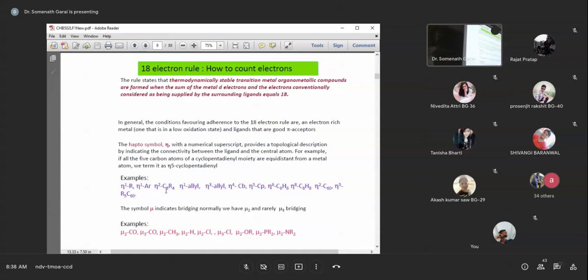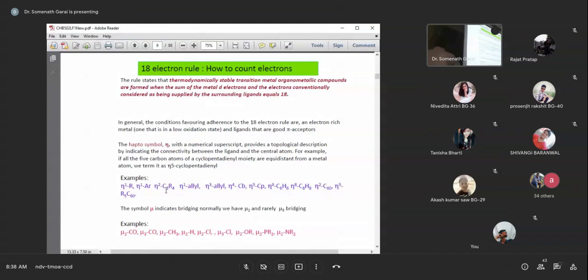This means it is bound with all the carbons. If I stop it here, then it is bound with C1. If it is drawn with a circle, which is basically aromatic, it means it is bound with all the 5 carbons to the metal.